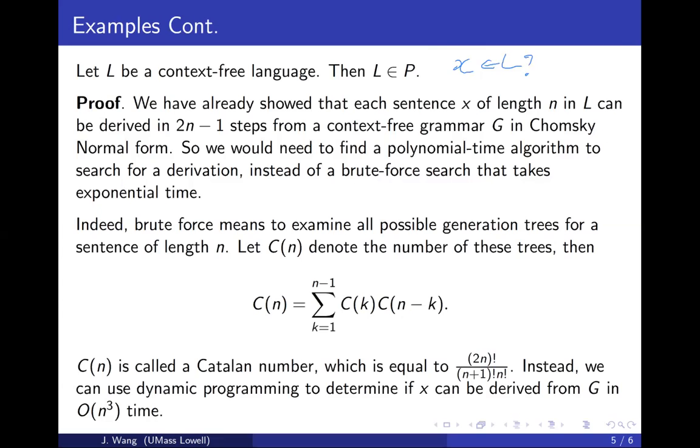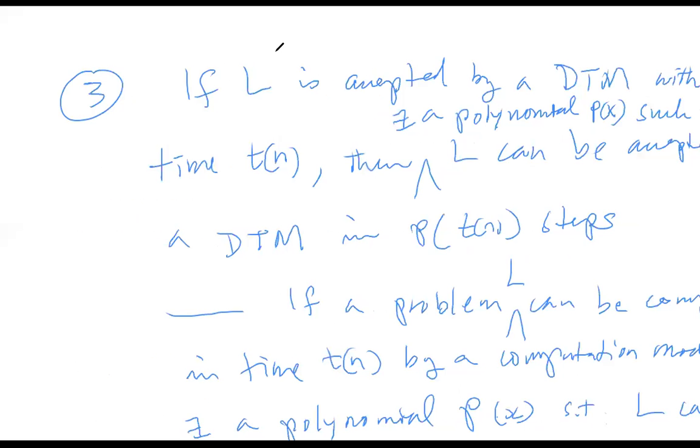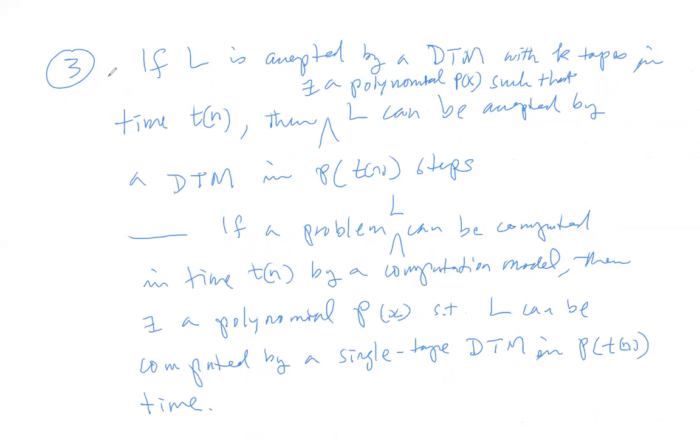We have already shown that each sentence x of length n in L can be derived in 2n minus 1 steps from a context-free grammar G in Chomsky normal form. Let me refresh our mind on why this is the case.